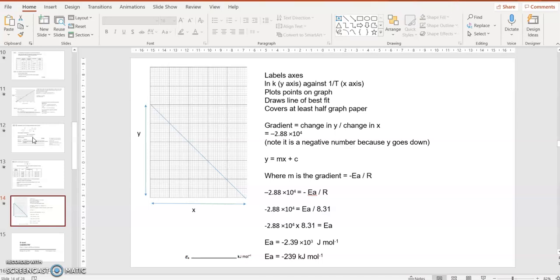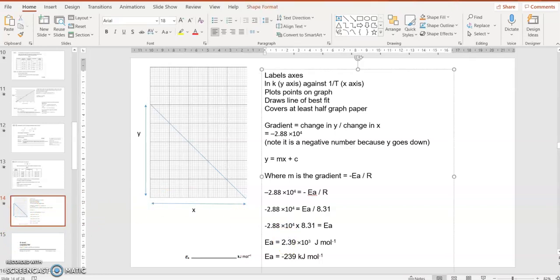Activation energy is positive. It's asked for in kilojoules per mole, so you divide by 1,000 to get joules into kilojoules, small into big, divide by 1,000. 2.39 times 10 to the power of 3, divided by 1,000 is 239.